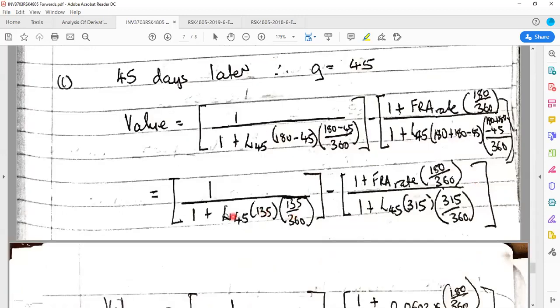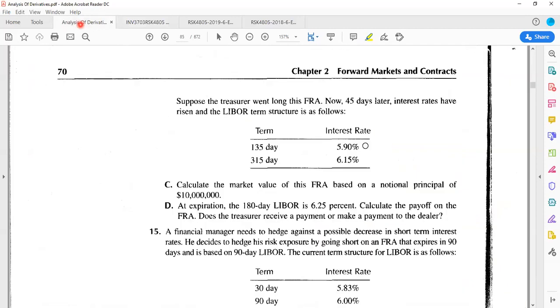So this L45 135 is just the LIBOR rate for 135 days when you borrow after 45 days, right? And this L45 315 is just the LIBOR for 315 days if you borrow the money after 45 days. So these are the two rates that are now given in this table.